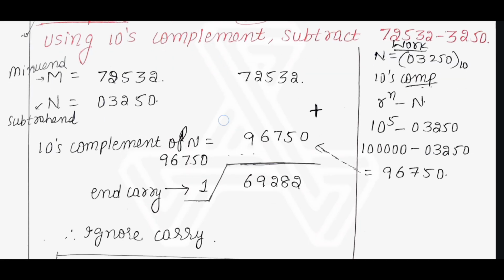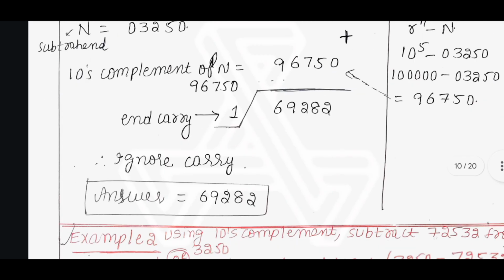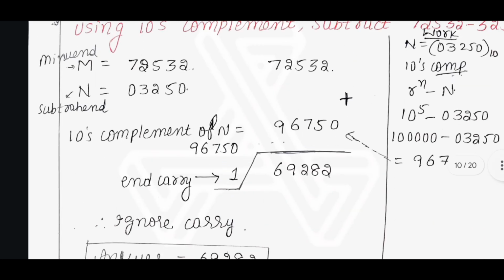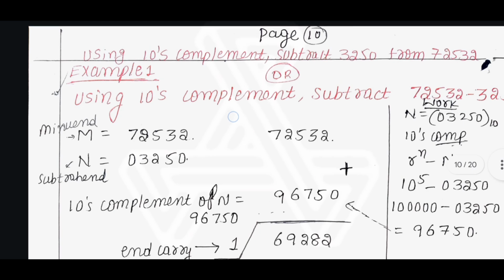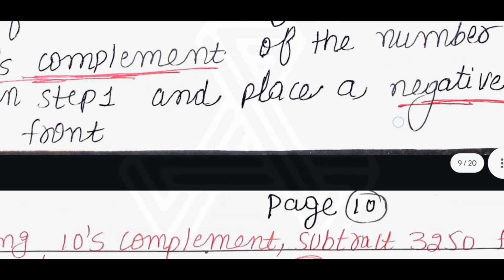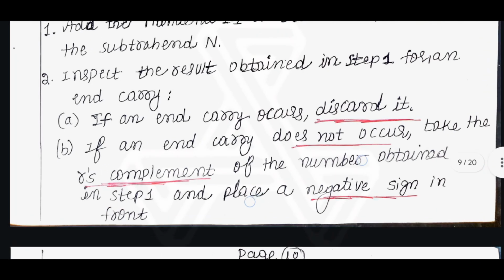Here the end carry is 1. Ignore the carry. We have to add these things. If an end carry occurs, discard it. If an end carry doesn't occur, take the r's complement.